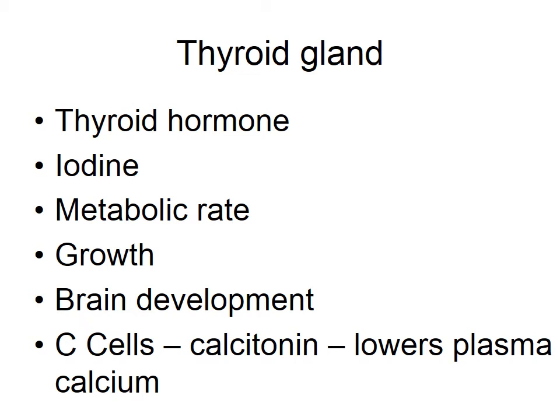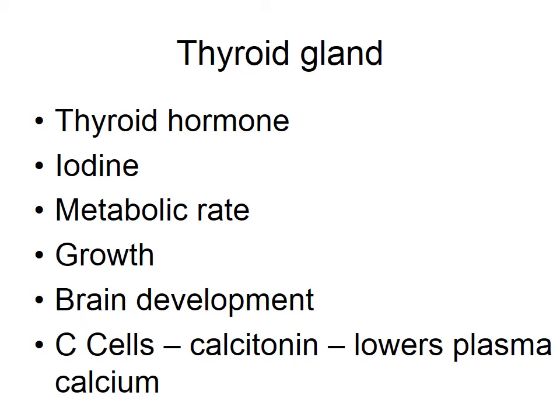Now, the thyroid gland, of course, is producing thyroid hormones. And there are two types of thyroid hormone: T3 and T4. T4 contains 4 atoms of iodine and T3 contains 3 atoms of iodine. And of course, iodine is an absolutely essential component of the thyroid hormones. Without the iodine, we're not going to get thyroid hormones and the patient will become deficient.